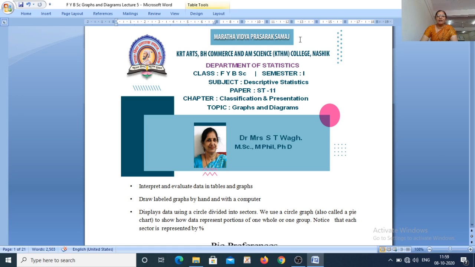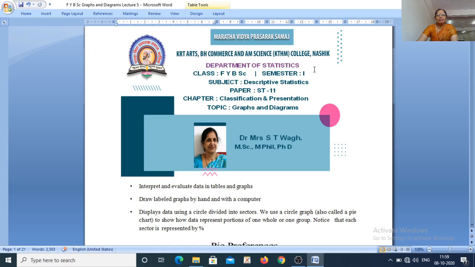Once we have classified data, the next step is to present the data in graphical format. The graphs may be diagrams such as pie diagram, bar diagram, multiple bar diagram, percentage bar diagram, or subdivided bar diagram, or you can show the information in numerical form in terms of graphs.